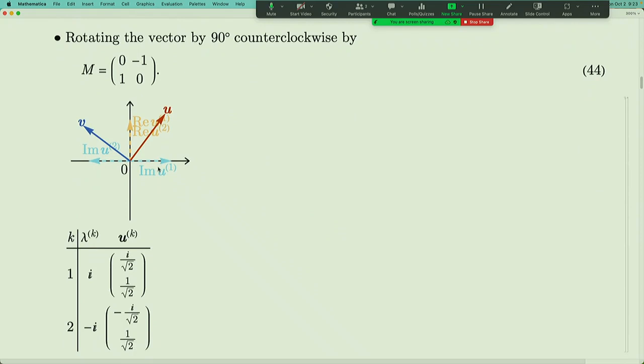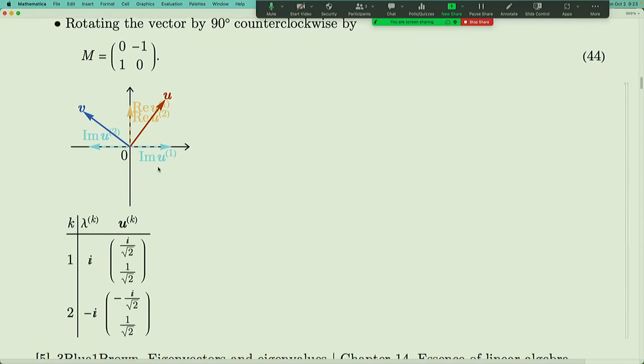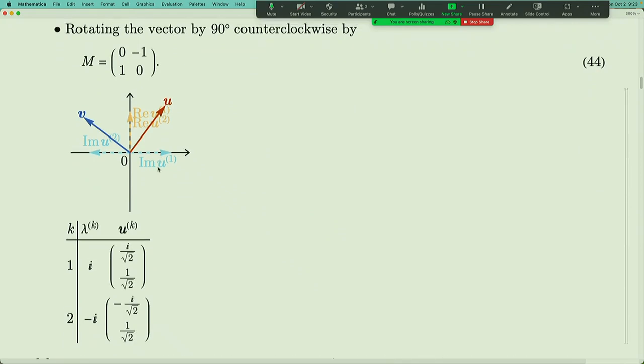What about a 90-degree counterclockwise rotation? You can't find any eigenvector in this two-dimensional plane that doesn't change its direction, because every vector changes direction when the matrix rotates it.